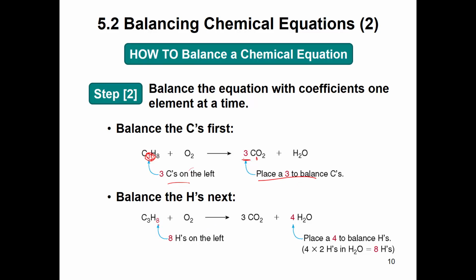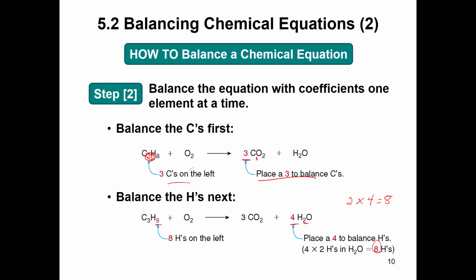Then I look and I've got 8 hydrogens and I've got 2 hydrogens over here. So I ask myself, what do I have to multiply that by to get 8? And the answer is, if I have 2, I'd have to multiply that by 4 to give me 8 on this side. So I put a 4 in front of the H2O, and that gives me 4 times 2 is 8 hydrogens.